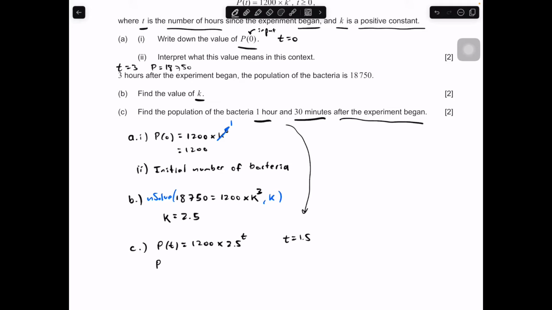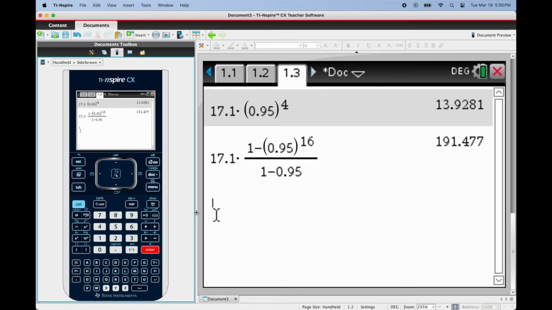So let's go ahead and do that. Population after 1.5 hours is equal to 1200 times 2.5 raised to the power of 1.5. Okay, let's go and type this in on the calculator.